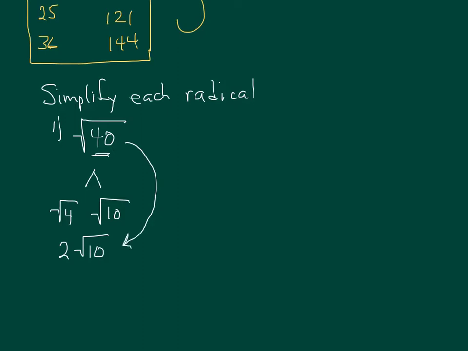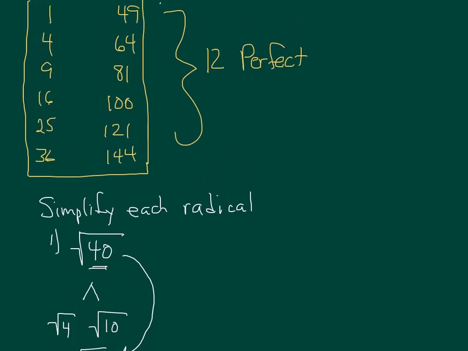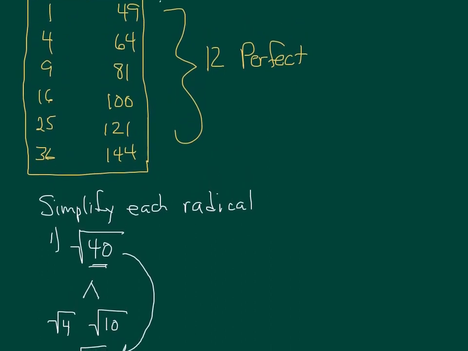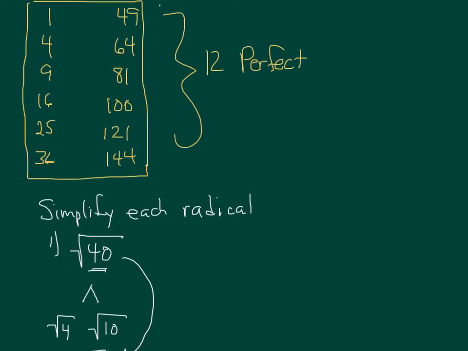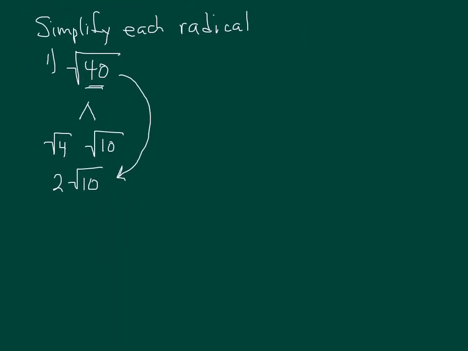Well, let's look at the square root of 10. Are there any numbers from our list up above that go into 10? Well, the only ones we can look at are those less than 10. 9 does not go into 10 perfectly. 4 does not go into 10 perfectly. And 1 obviously goes into 10, but that's not going to help us a whole lot.